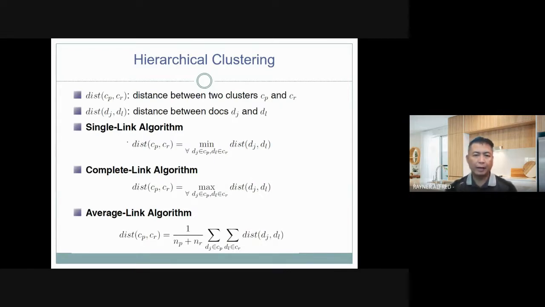For the single link, we are looking at the minimum distance between two members that belong to two different clusters. This one refers to the maximum distance between two members that belong to different clusters. And this is basically finding the average link between all the documents that we have.